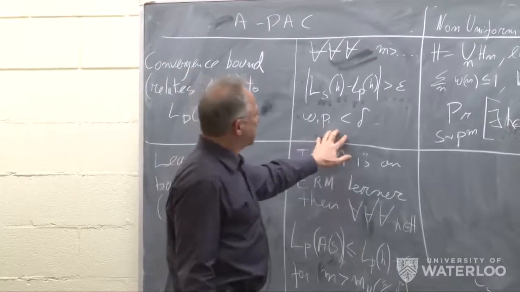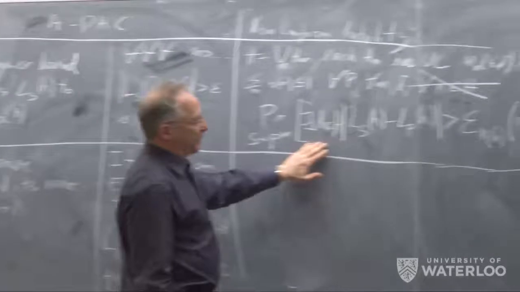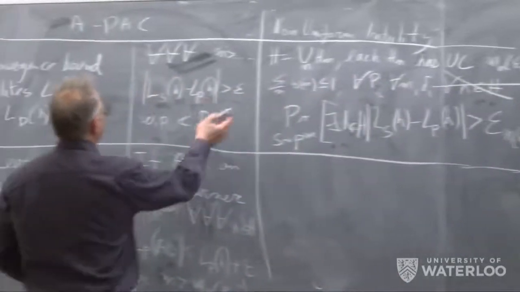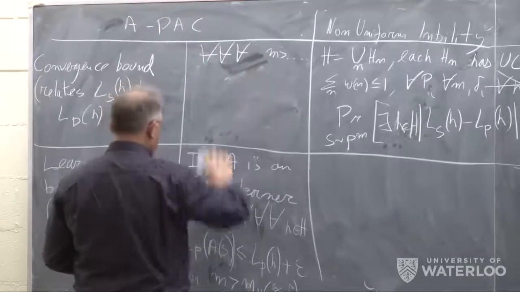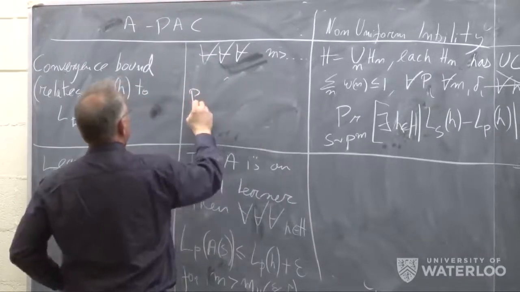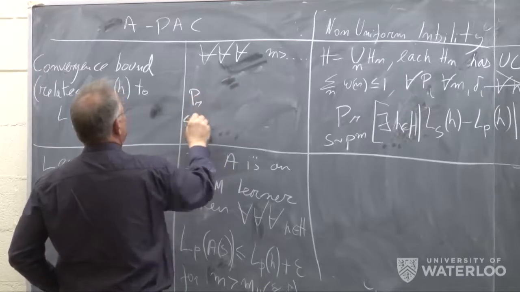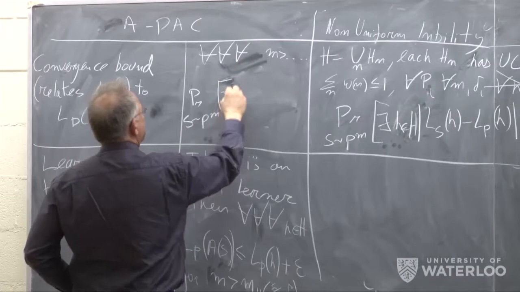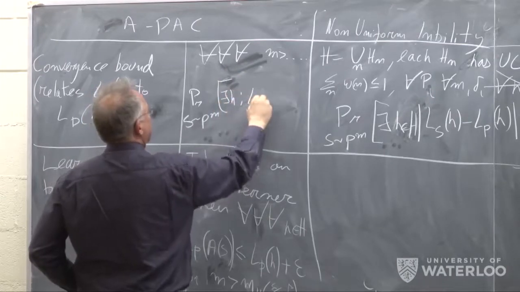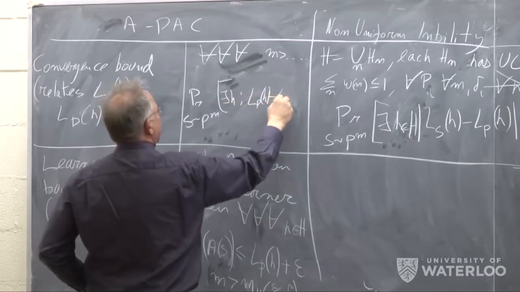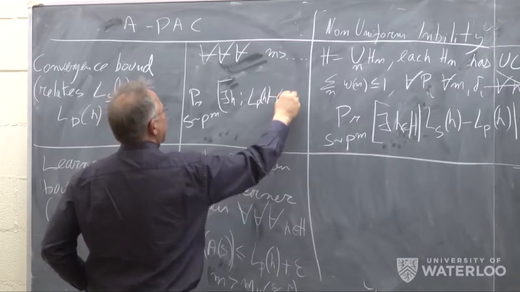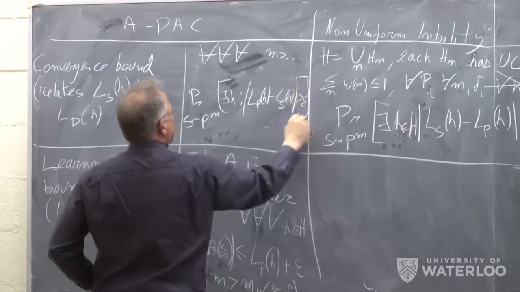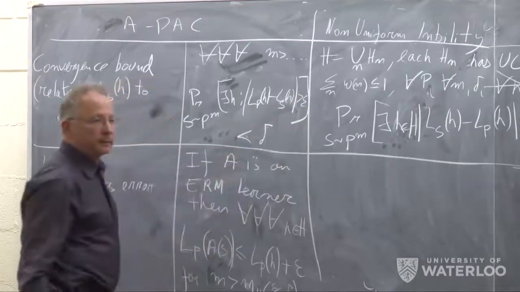I could rewrite this as something completely similar. I could rewrite this one as saying that the probability over S coming from P to the m, that there exists an h such that L_P(h) minus L_S(h) is greater than epsilon, this probability is less than delta.